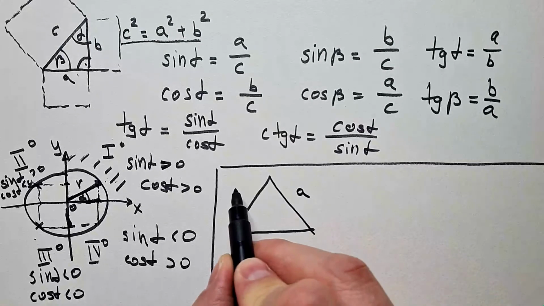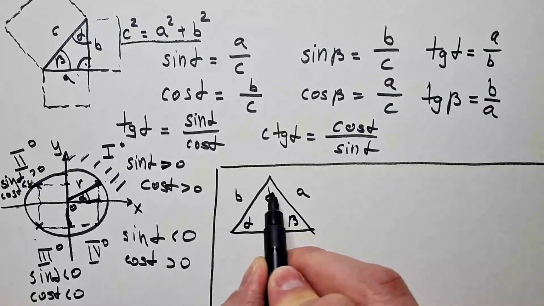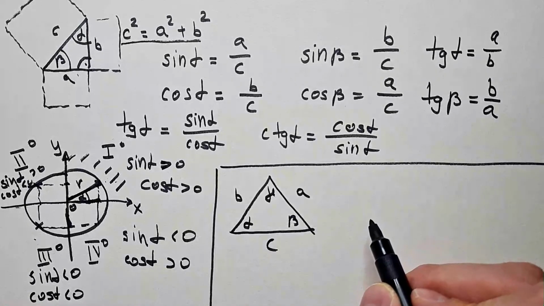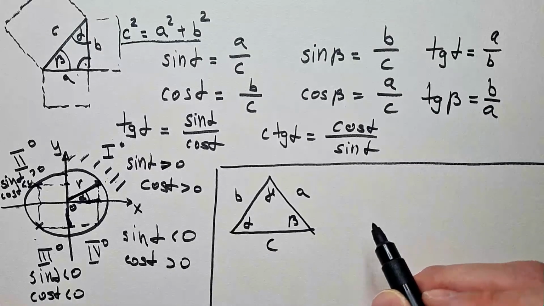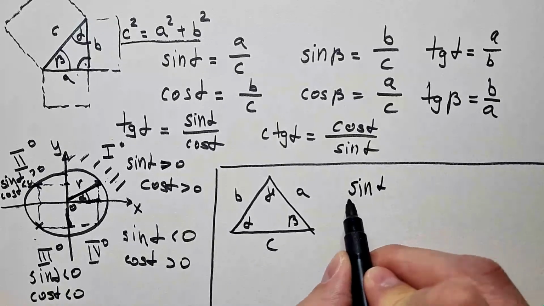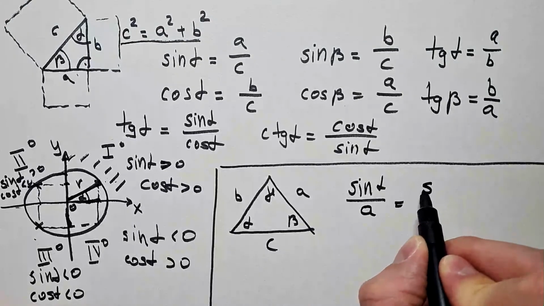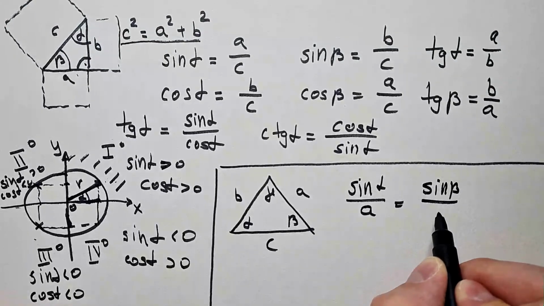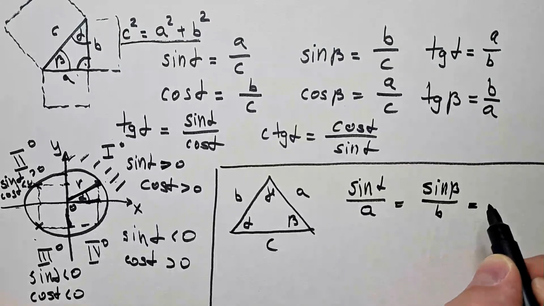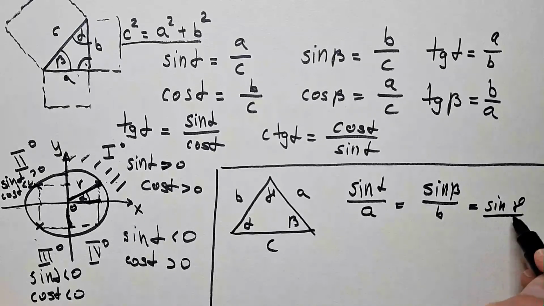We have A, B, C, and opposite angles will be alpha, beta, gamma. We have the so-called law of sines that says sine alpha over A is equal to sine beta over B, and that is equal to sine gamma over C.